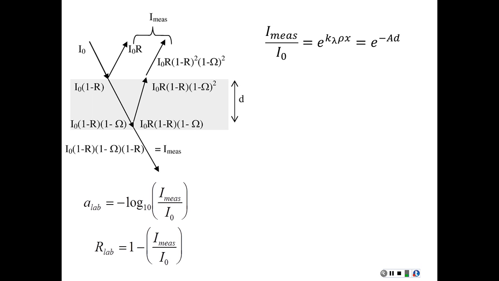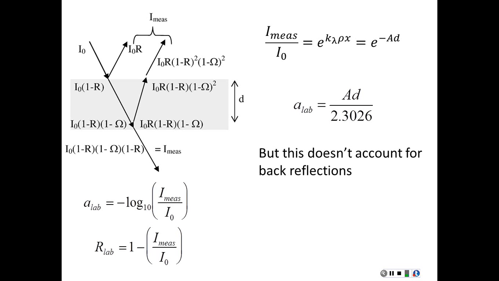I think the official term for that is the ideal absorption coefficient. But like I say, people play with these terms all the time. So if we were to take this and put in this and get rid of the logs, the 2.3026 is just the conversion because this is log 10 and this is natural log, right? So that's what it should be, but now we need to account for the back reflections.